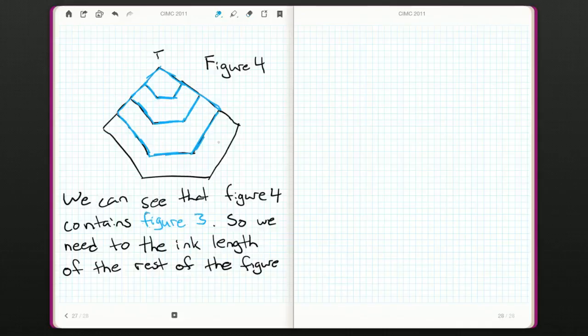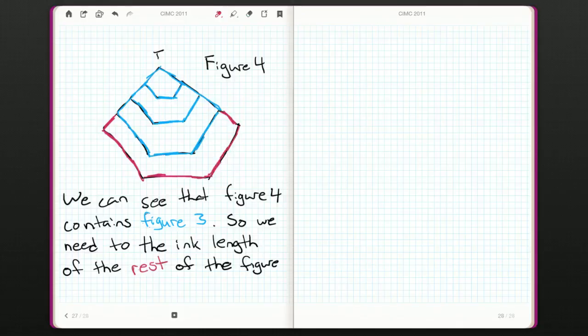We need to figure out the ink length of the rest of the figure. Let's highlight that as well. We'll highlight it in red.